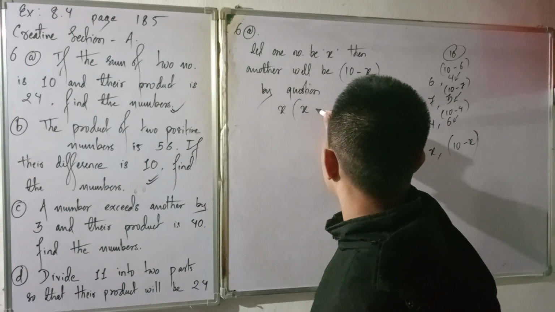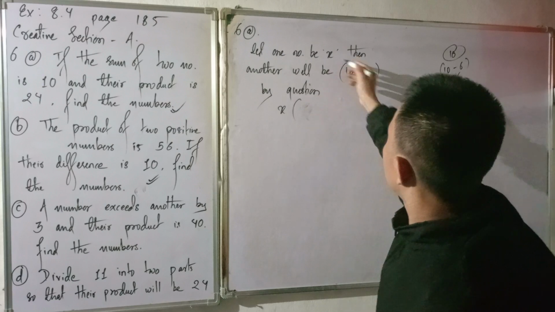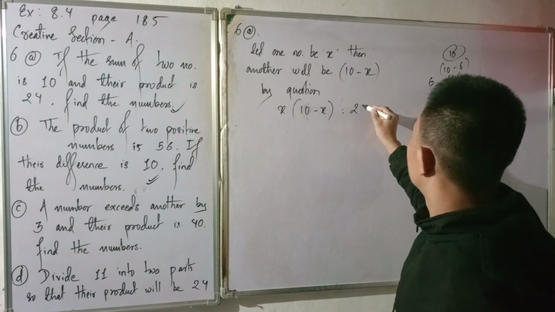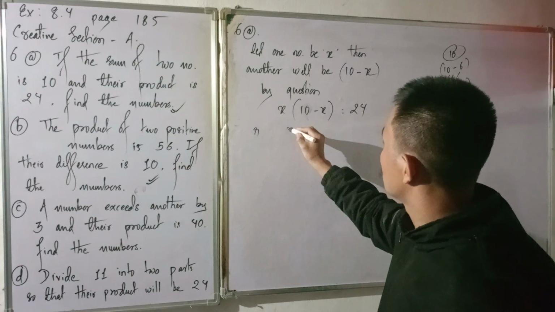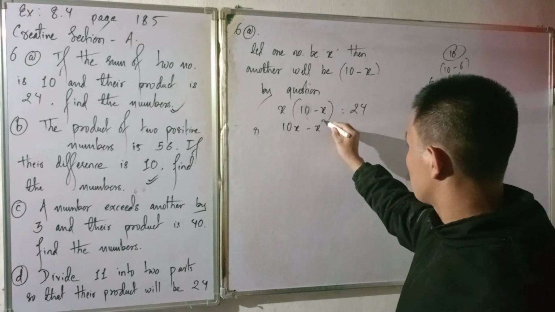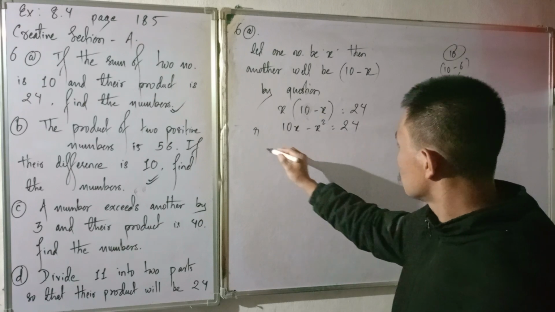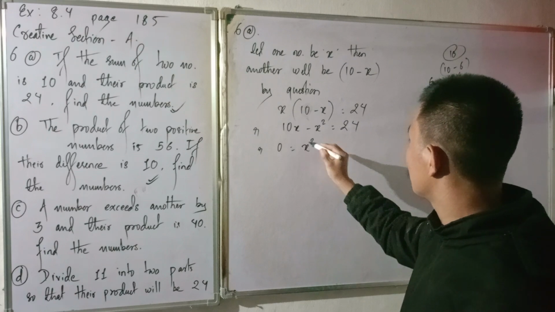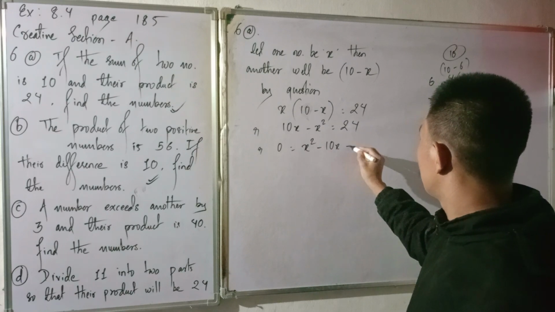Okay. Now by equation, x times (10 minus x), the product of these two numbers, must be equal to 24. Now you simplify: 10x minus x squared equals 24. Move all to the right hand side: 0 equals x squared minus 10x plus 24.